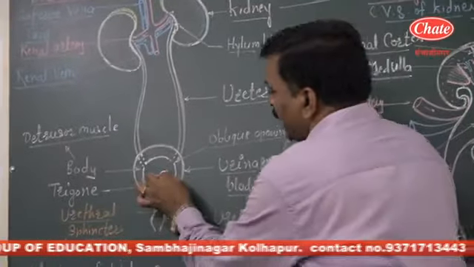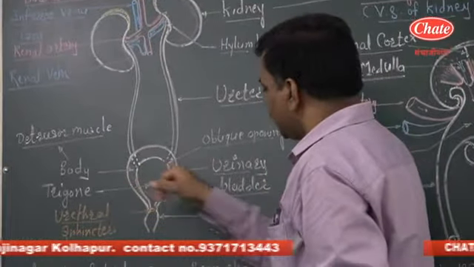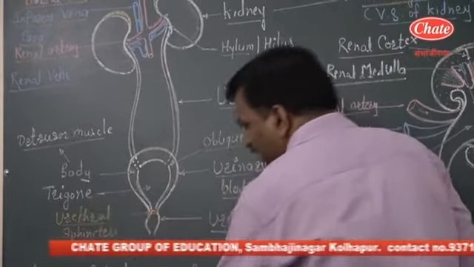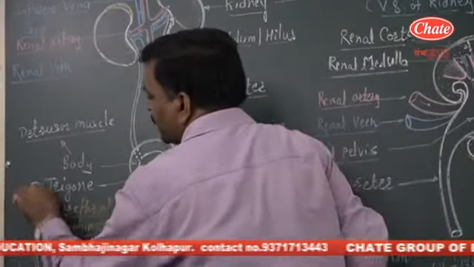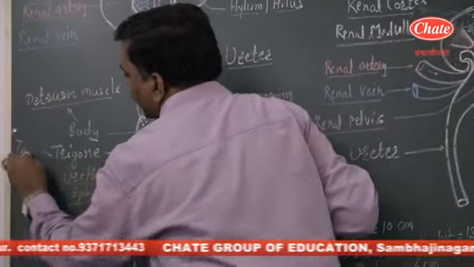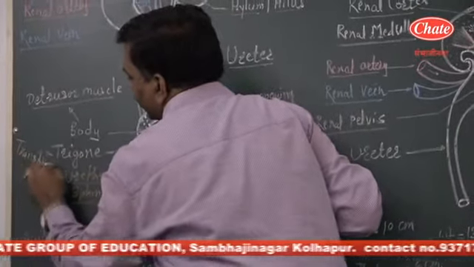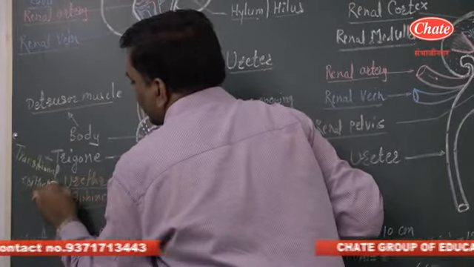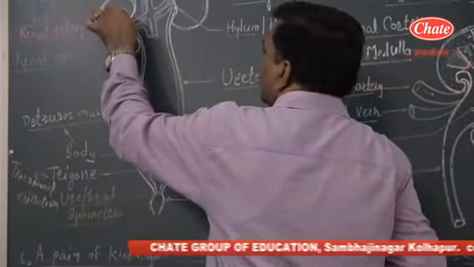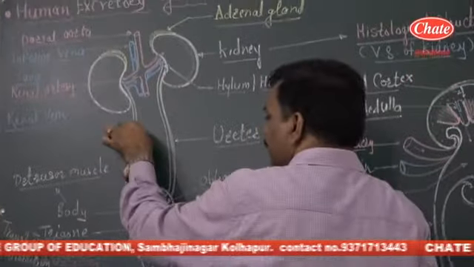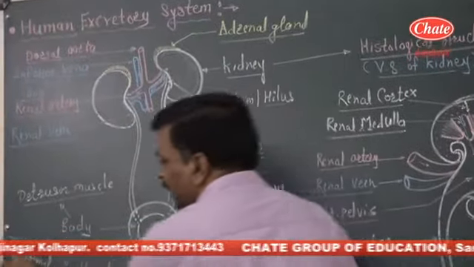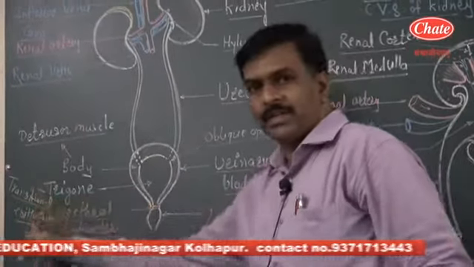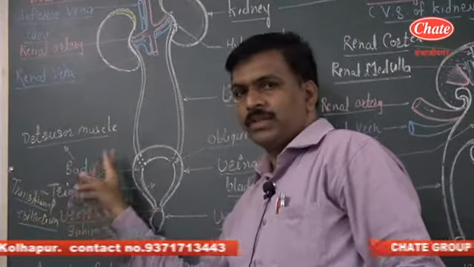The central hollow part is termed the trigone, and this central part is lined by a special epithelium termed transitional epithelium. So generally the pelvis, ureter and urinary bladder are lined by transitional epithelium.